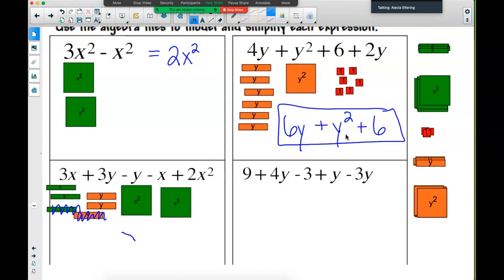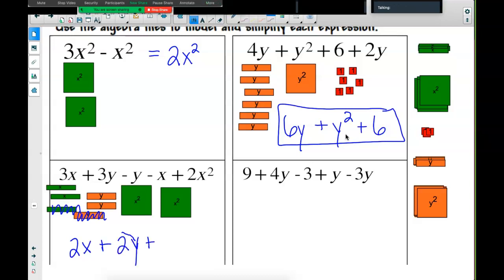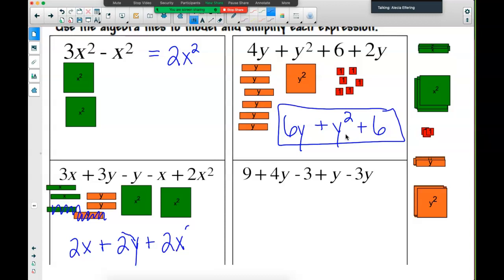And then you just have to read what you have. So in this case, we have 2x plus 2y plus 2x squared. And this is what you would put on your homework as your answer.